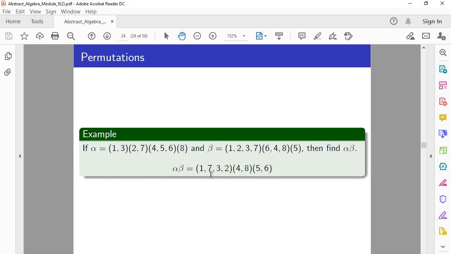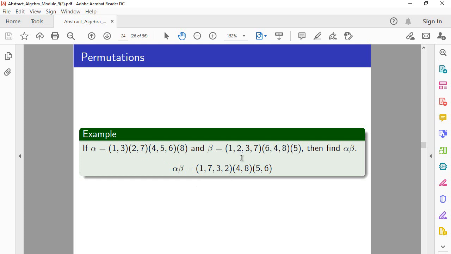Now I start with 7. Beta takes 7 to 1, and alpha takes 1 to 3, so 7 goes to 3. Now 3 goes to 7 here, 7 goes to 2 here, so we see that 3 goes to 2.